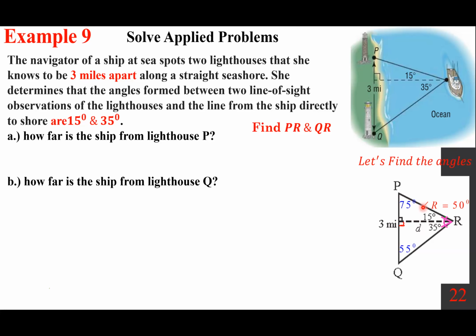We are practically done. We're going to write the sine law. So this angle is 50. Sine of 50 over 3 equals sine of 55 over PR. And that's because we want to find PR first.